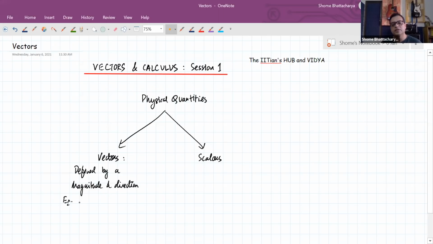Common examples of vectors are things like forces or velocity or displacement or something like electric field, etc. Whereas scalars are simpler physical quantities because they are defined by just a magnitude.